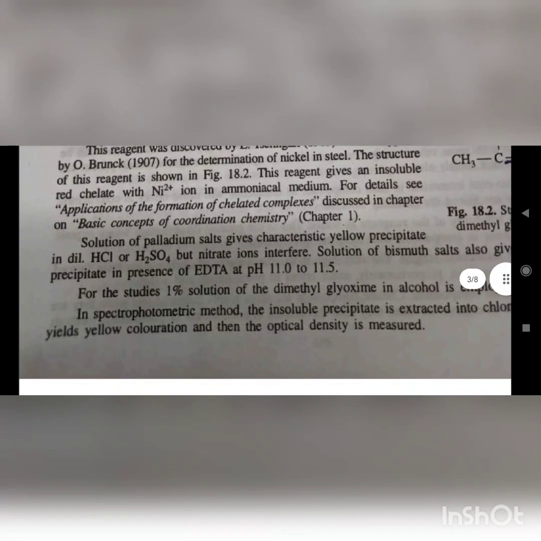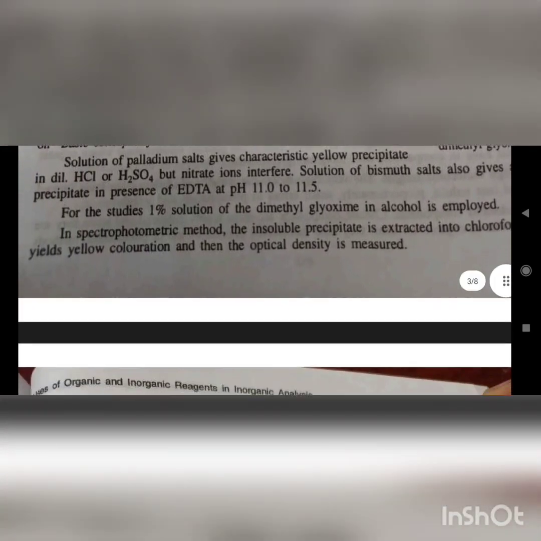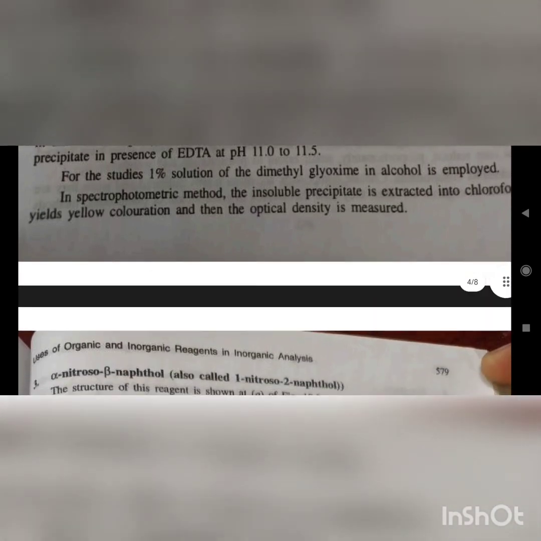For the studies, a 1% solution of dimethylglyoxime in alcohol is employed. In spectrometric method, the insoluble precipitate is extracted into chloroform, which yields yellow coloration, and then its optical density is measured.